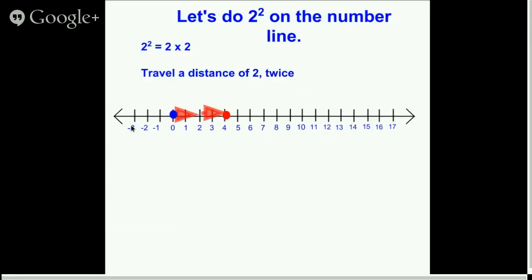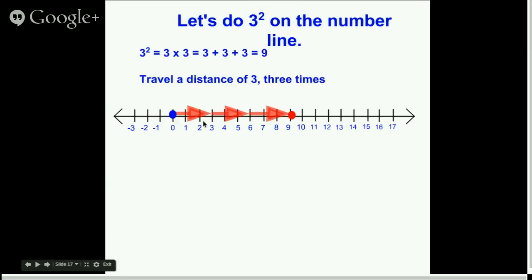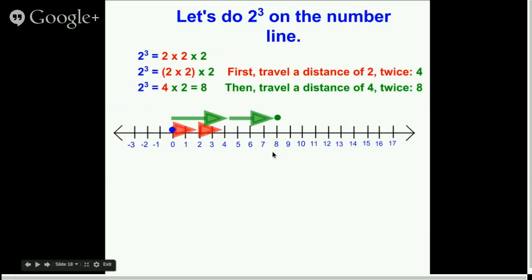You can also show this understanding on a number line. So if you travel a distance of 2 times, that would get you to 4. If you travel a distance of 3 times, because it's 3 times 3, that would be 1, 2, 3. Take you to 9. Gets a little more complicated after you change it to cubed. So the first part of it is 2 times 2.